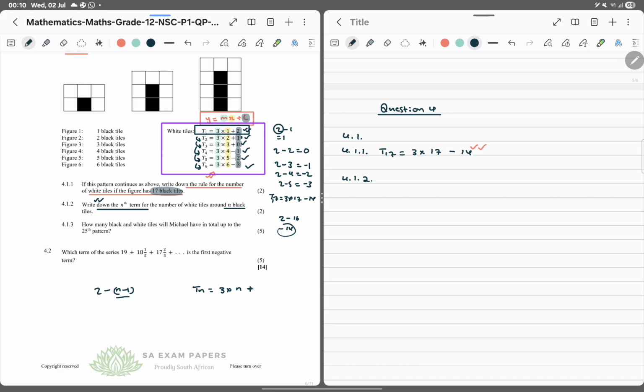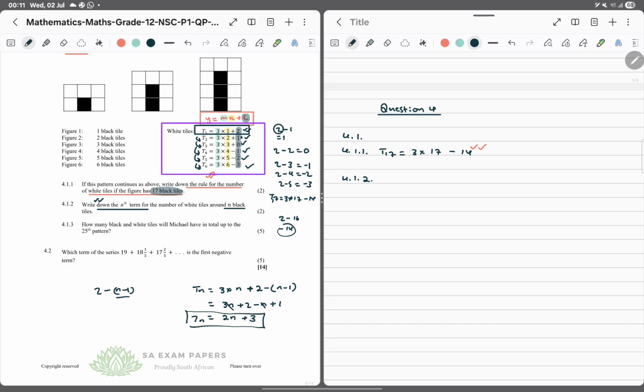Yeah, we can write it nicely and say this is 2 minus basically n minus 1 to get it right. So this is going to be 3n plus 2 minus n plus 1. So this becomes 2n, because these are like terms, then plus 3.